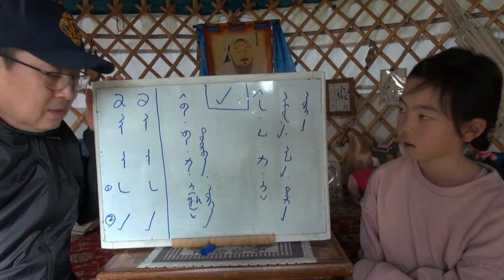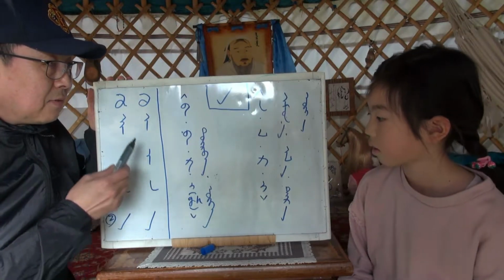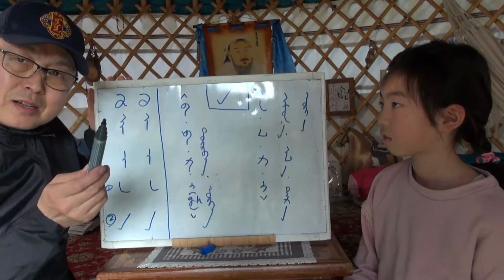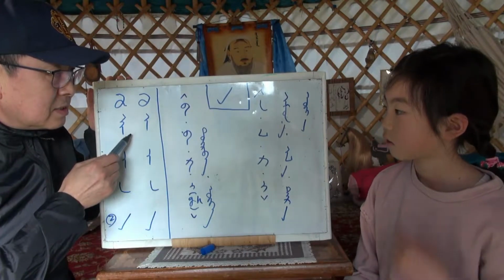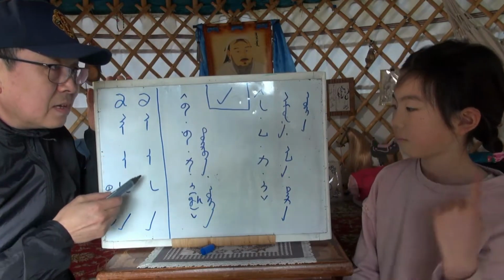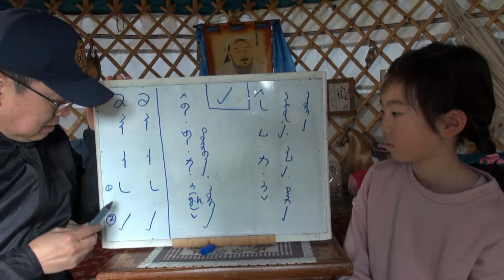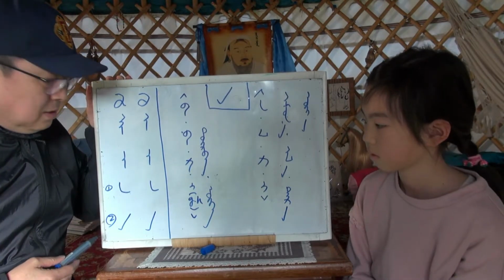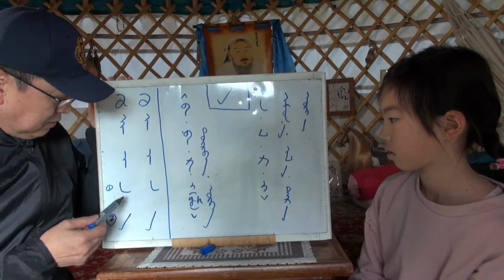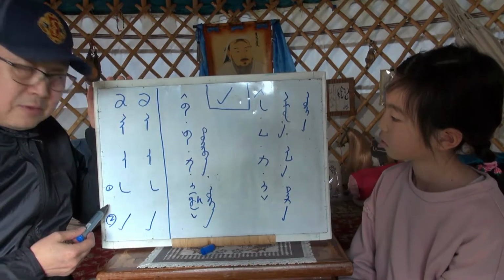As Nara said, the classical Mongolian alphabet has three shapes: top, middle, bottom. Today's question is about the bottom shape. As you can see here, the bottom shape of A and the bottom shape of another letter have two different shapes.